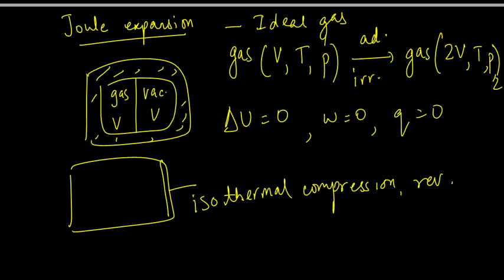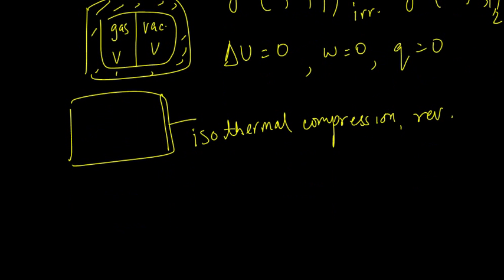So whatever the heat exchange is equal to the negative of work done, and work done was equal to nRT log of VF by VI, so minus RT log VF by VI, right?